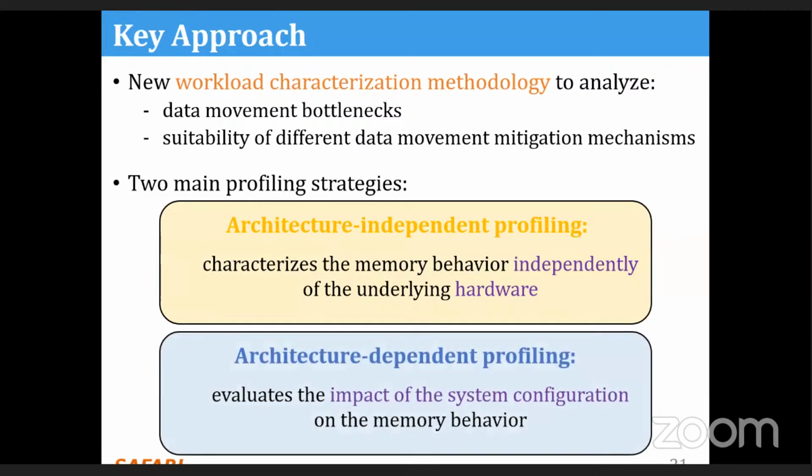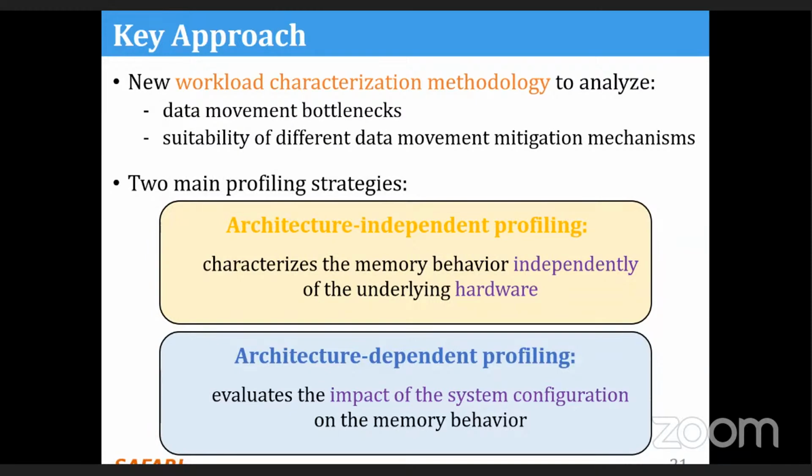We do architecture-independent profiling, which means that we are extracting characteristics of the workloads that are completely independent of the underlying hardware. If you have a workload that accesses memory randomly or in stride, that's an inherent characteristic of the workload. It's independent of the underlying hardware.